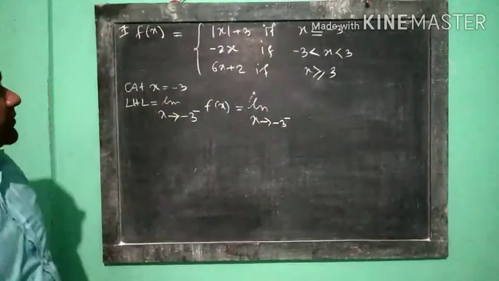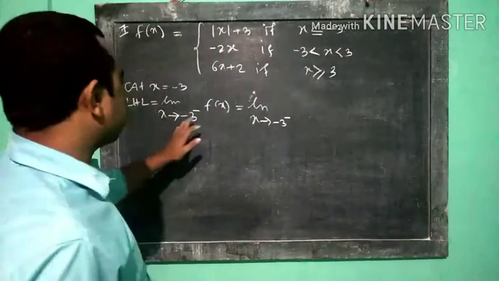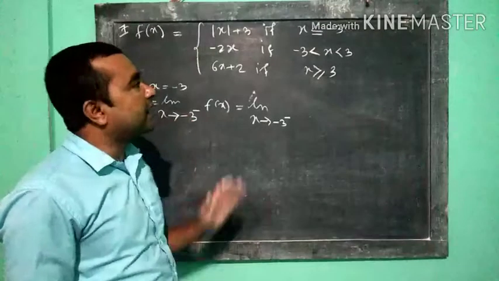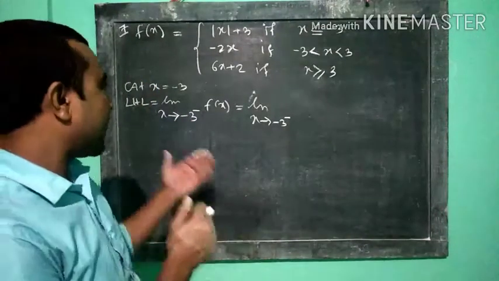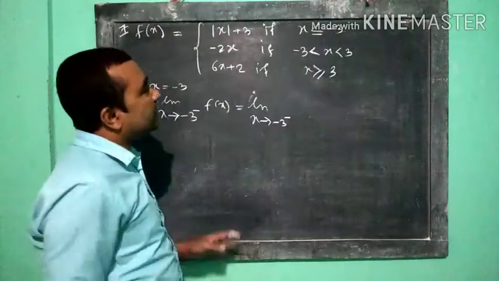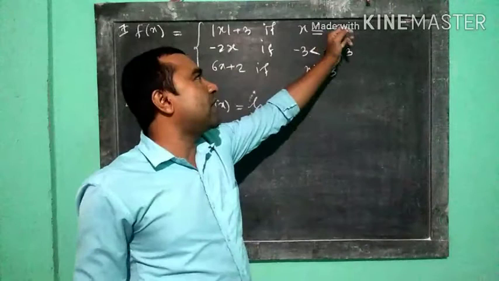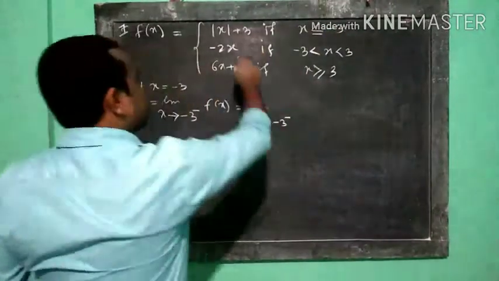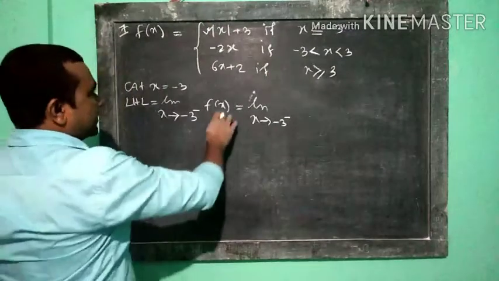Which function satisfies the condition here? Minus 3 negative means minus 3 minus something. That means x is less than or equal to minus 3, so it lies in this condition.